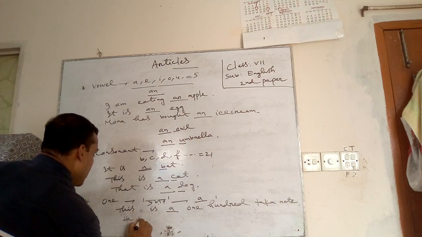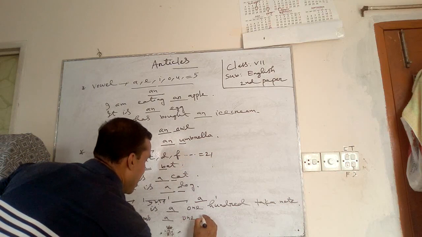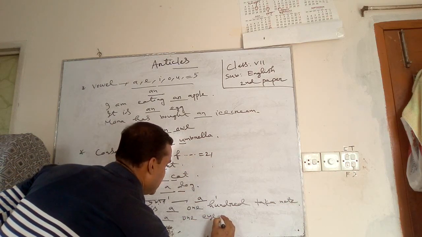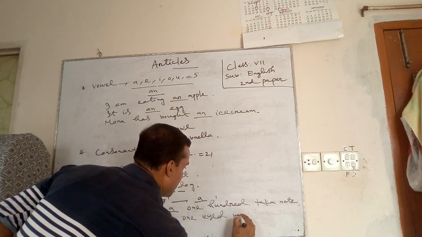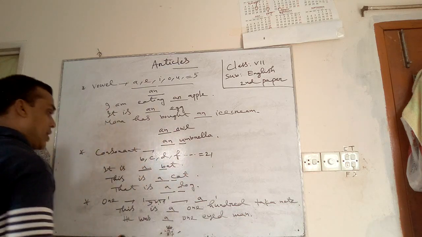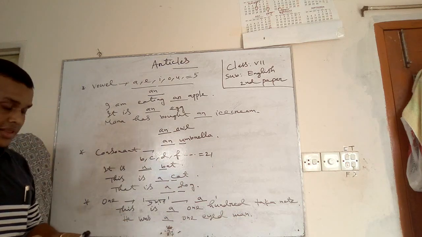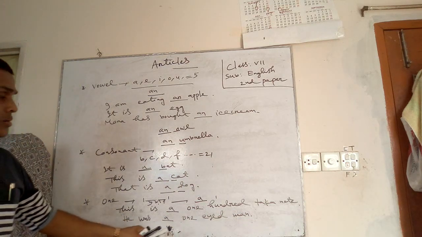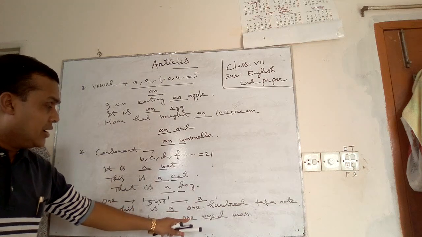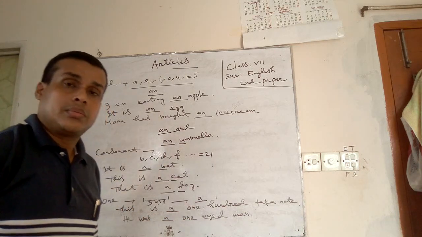He was a one-eyed man. One means one, and its pronunciation is like wa.